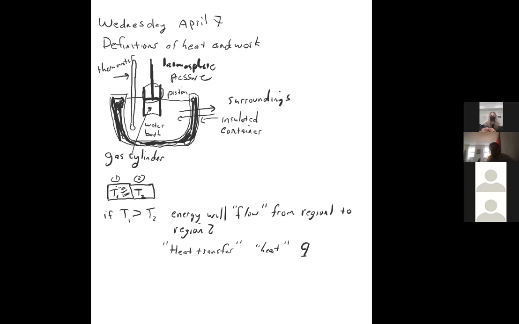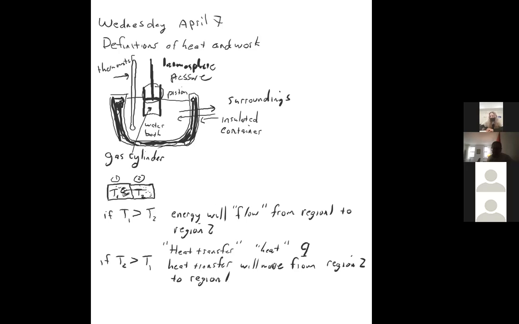If it's the opposite, if the temperature in region 2 is greater than the temperature in region 1, then heat transfer will move from region 2 to region 1. Okay, so if the temperature is greater over here, the opposite will occur. Heat will flow in the opposite direction.